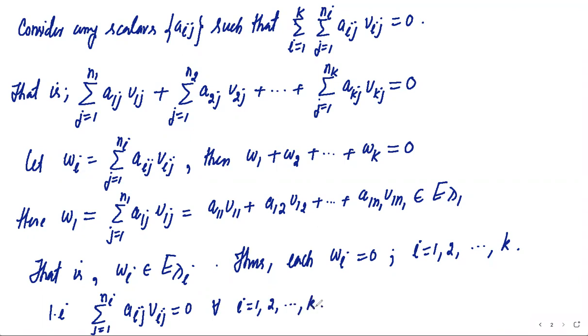But now let's have a look at what the summation j running from 1 to ni of aij vij is equal to.